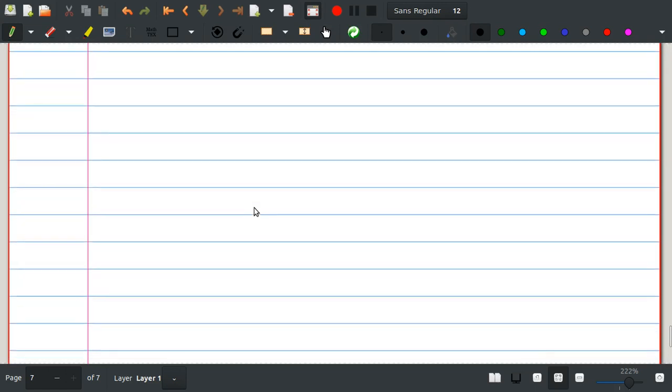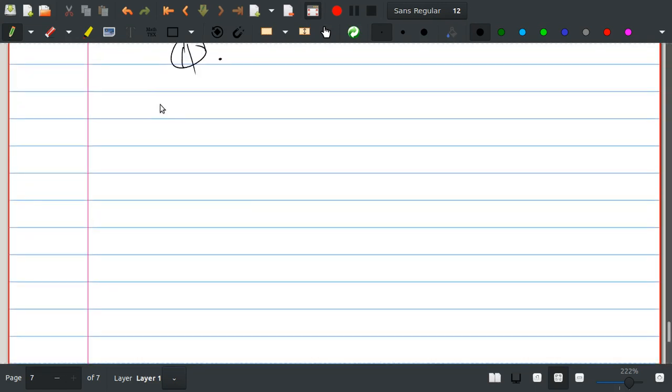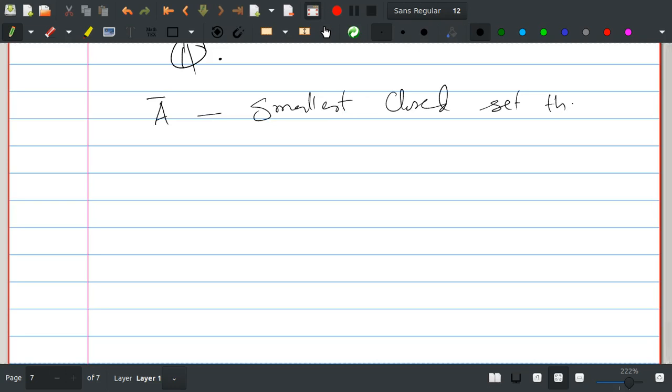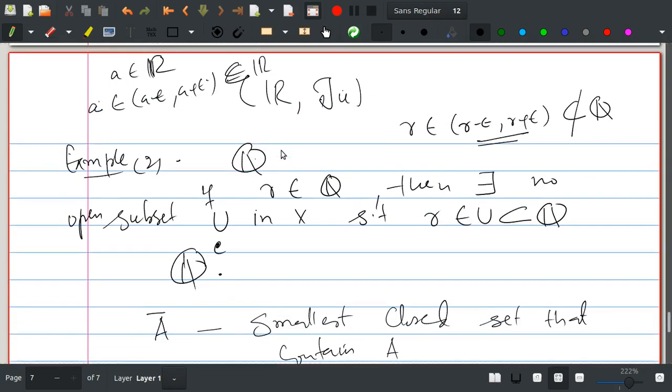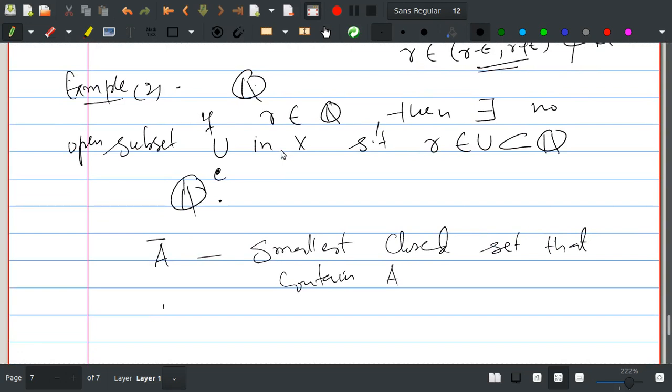In the next lecture we are going to prove that the closure of a set is actually the smallest closed set that contains A. Then we are going to define the interior of a set, and prove that the interior of a set is the largest open set contained in A. We denote the interior by A with a circle.